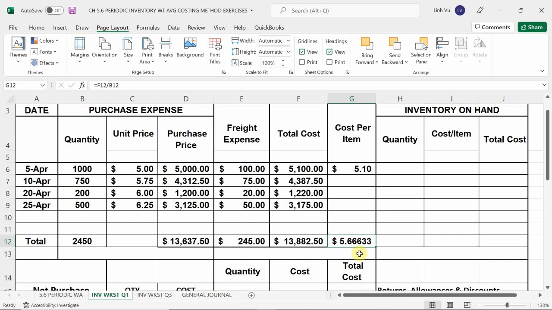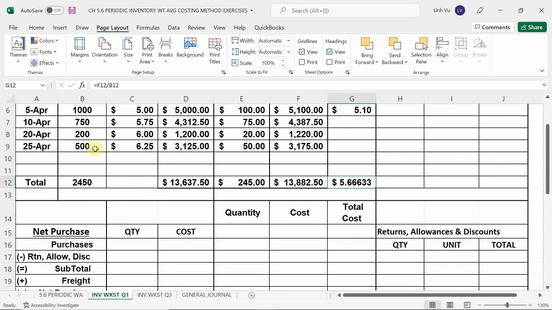Every 1,000 items that I sell is going to cost me $1. Or in this case, since it's 667 and the number is supposed to be 663, every 1,000 items I sell, I'm going to lose out $7. Okay? So that's a lot.